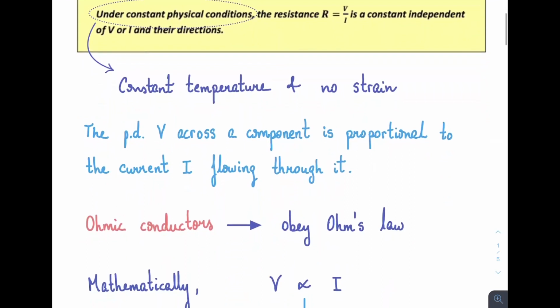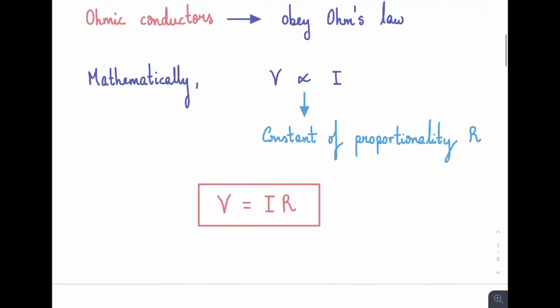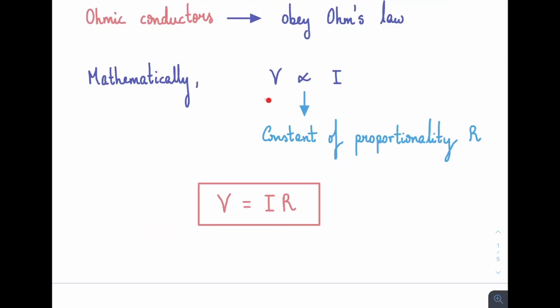So, for ohmic devices, mathematically, we are saying that the voltage V is proportional to the current I, with a constant of proportionality equal to the resistance R of the component.